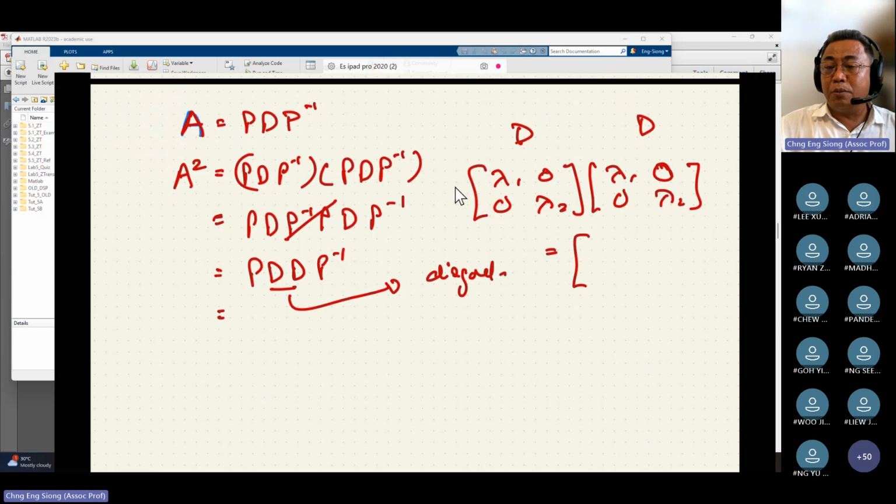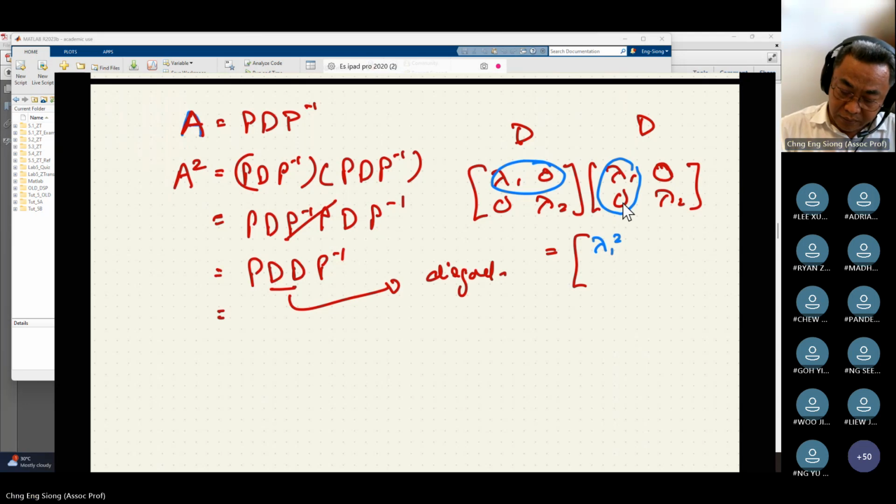Multiplying diagonal matrices by each other is trivial, because you think of it this way. This guy times this guy gives the first element. Lambda 1 times lambda 1 is lambda 1 squared. 0 times 0 is 0. How about this guy? 0 times lambda 1 is 0.